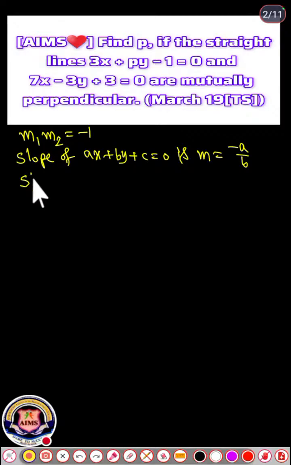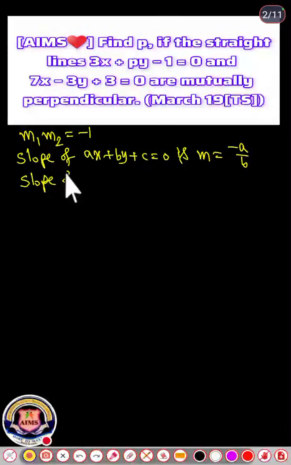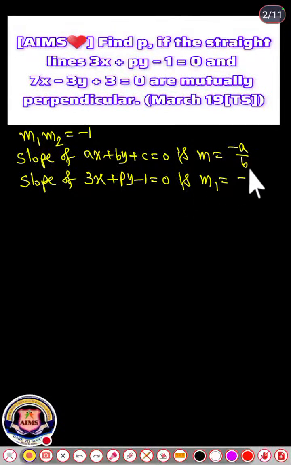Like this, for the given straight line from the problem, 3x + py - 1 = 0, the slope is denoted by m1 = -a/b. So m1 = -a, where a means the x coefficient 3, by the y coefficient p.